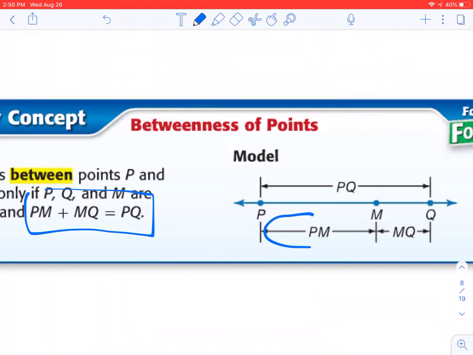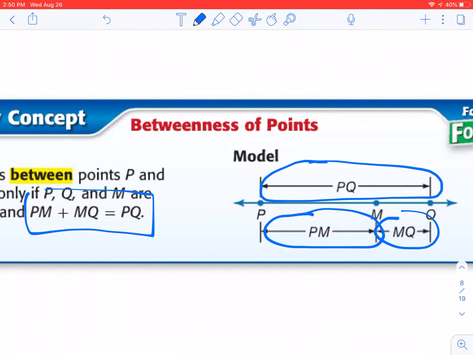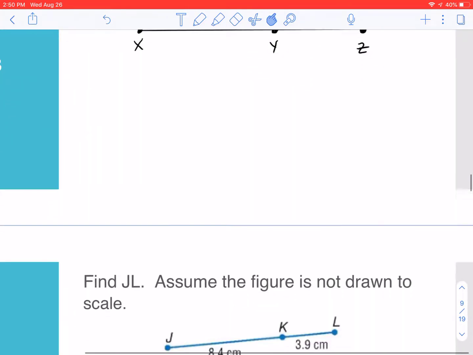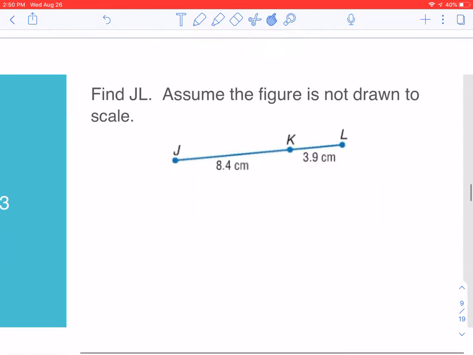So if I add this plus this, I should get the whole thing. That's pretty much what we're going to be looking at the rest of the time here. We're not going to talk about inches.